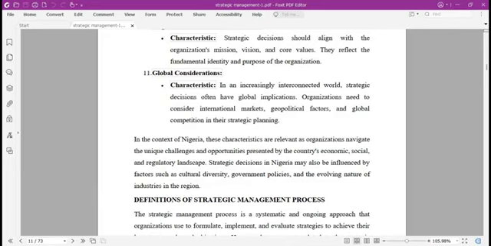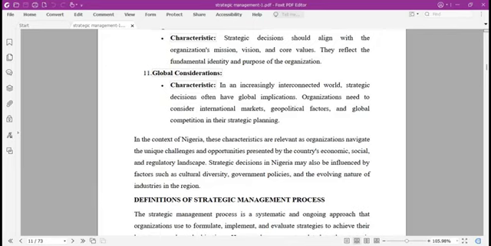Every decision made that is in line with the mission, vision, and core values of an organization strategically, they must consider its implication as well in the international market for them to compete globally.